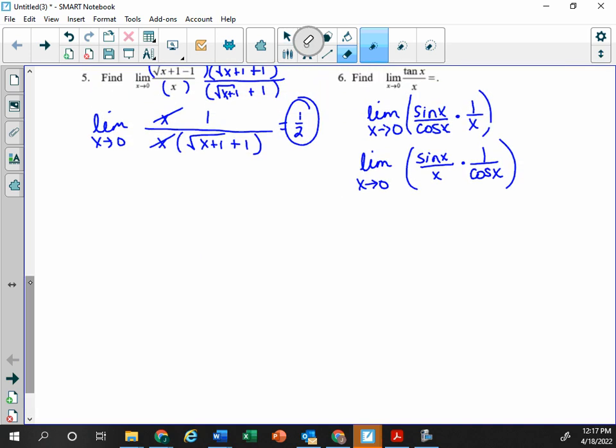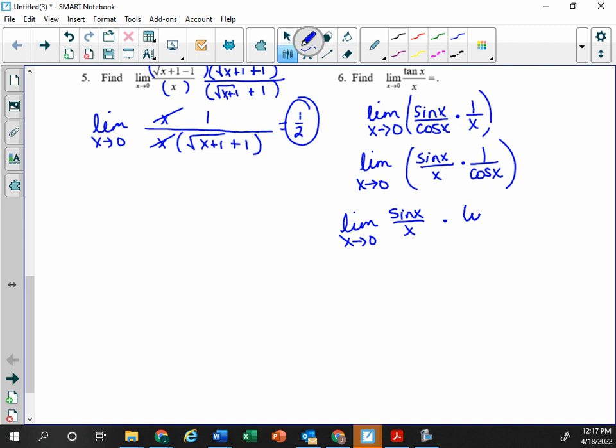All right, what you can do now is actually evaluate these separately. So I'm going to do the limit as x approaches 0 of sine of x over x times the limit as x approaches 0 of 1 over cosine of x. So we're going to evaluate those two pieces on their own, and then we can multiply them together.